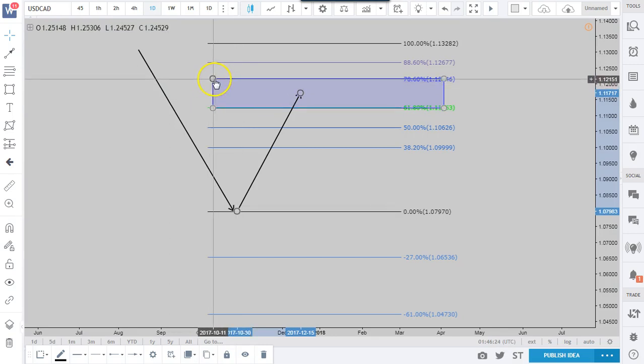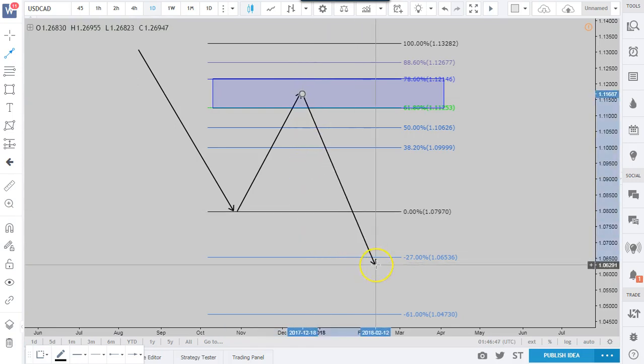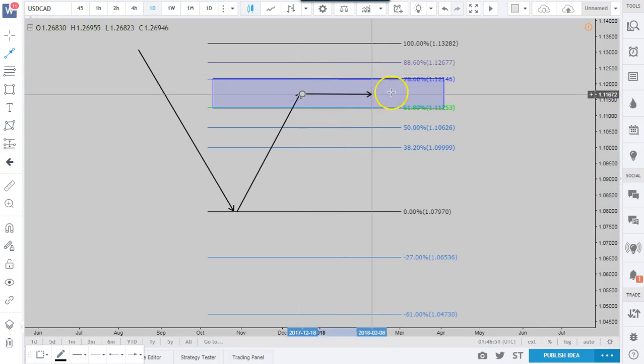Highlight from the 786 to the 618, because it's considered a very strong reversal zone and also the last hidden support and resistance. So if price should pull back into this region, most of the time you can always go and backtest on your chart. Most of the time we are expecting price to continue to the downside. I will show you on the actual charts.